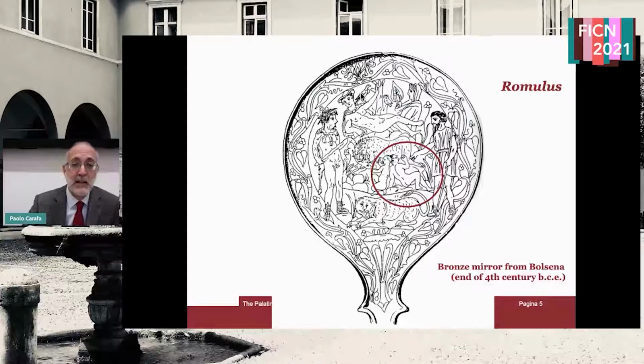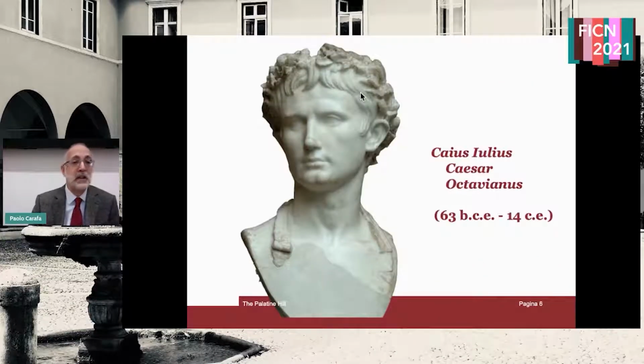But a second character has been related to such a place, and he was the first emperor of Rome, Caius Julius Caesar Octavianus, who in the end was also called Augustus. The name of this man is a history in itself. His real name was Gaius Octavius, like his father.